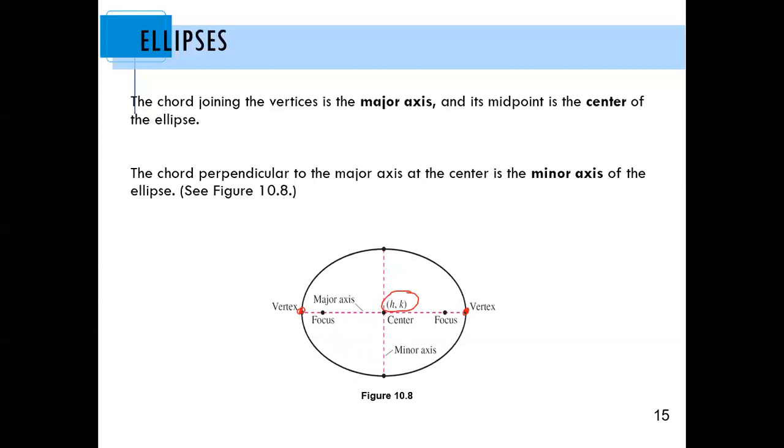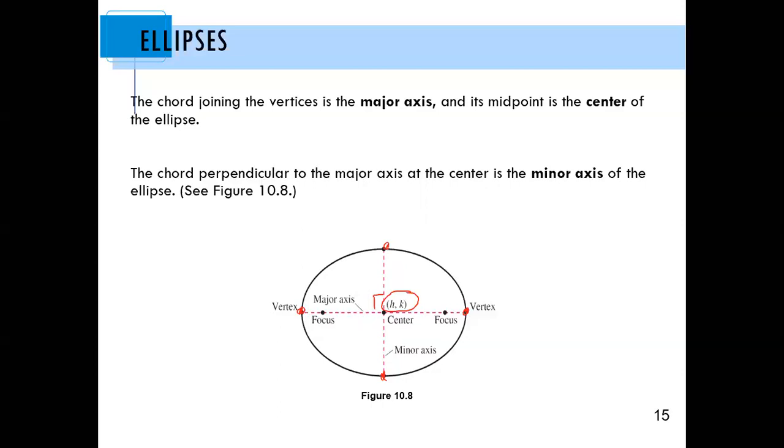Then you draw the perpendicular to the major axis through the center. That gives you a couple of other points that are important. They're not called the vertices, but the chord joining those two points is called the minor axis. The big key is that's a right angle right there.